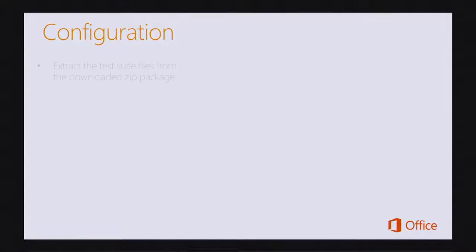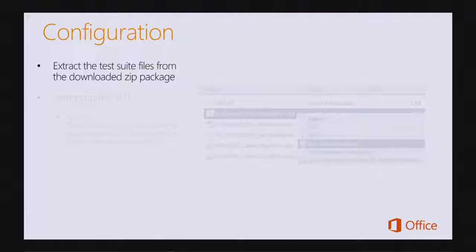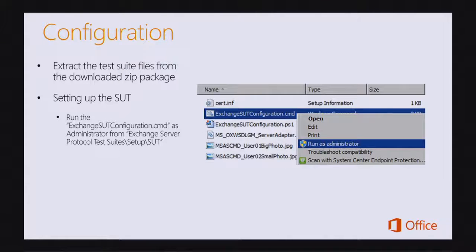For configuring, we spent a lot of time improving the test suite experience, so we made a huge improvement in the configuration. When you get the test suite, there are a couple of scripts that allow you to set up both the server, what we call the server under test, or SUT, and also the client.